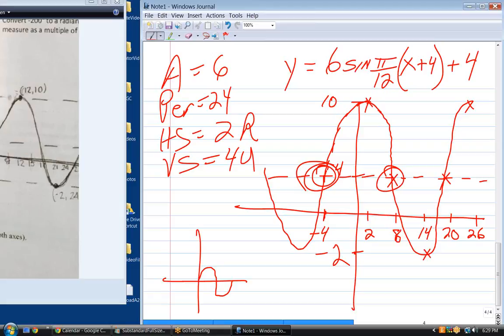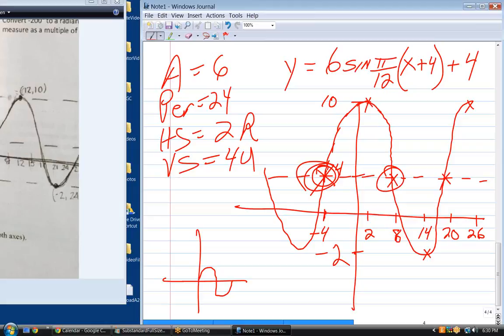In other words, if I gave you this function and said graph it, you would figure out what A, B, the period's still 24, but we would start by moving 4 units to the left and then begin our curve there. Well, if I start by going 4 units to the left, there's my starting spot right there. And I'm starting with a sine because it starts at the line of symmetry and goes up.